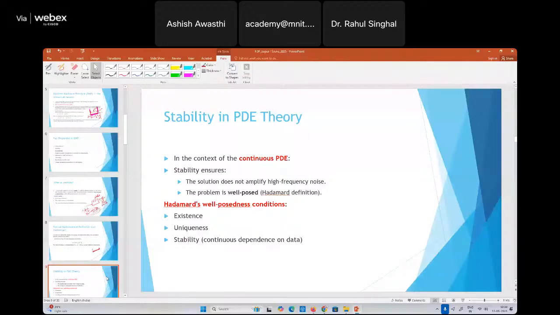You don't have to create some different method; things come from common sense only. That is what I understood, and I am telling you also: try to understand it in a similar way. Don't think that stability is something very different, and the maximum principle is something very different. If you learn these by heart, you will not have understanding. Try to understand it.